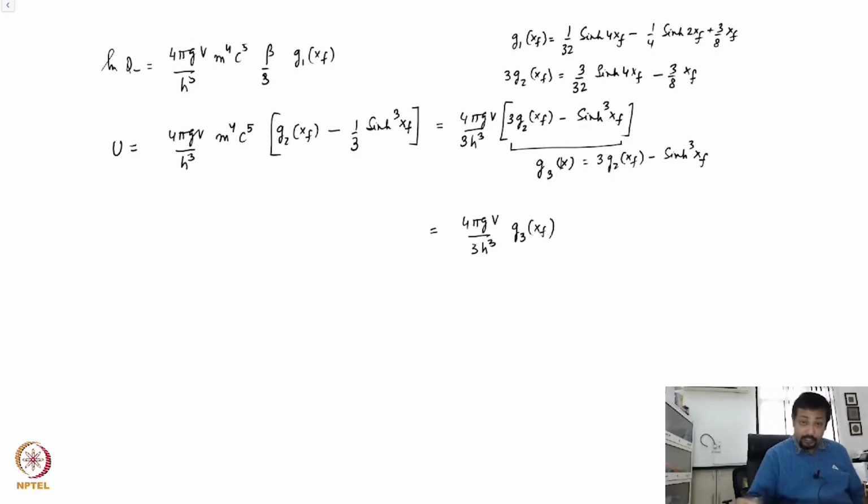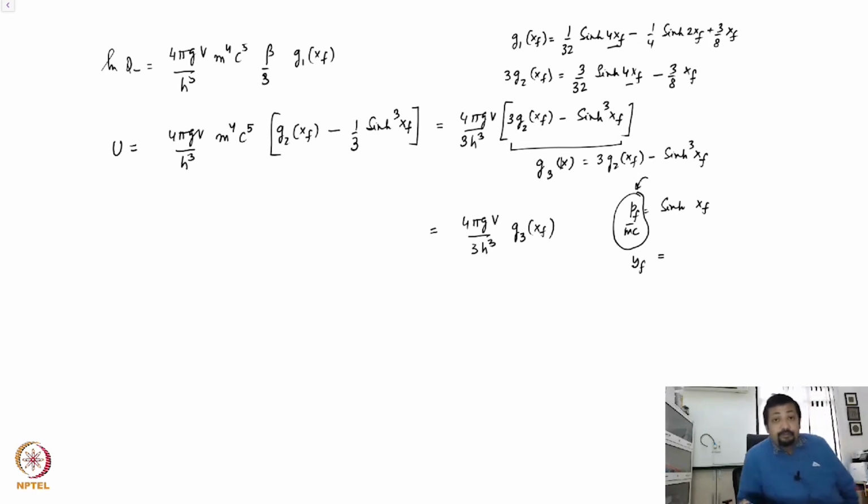A little bit more algebra is left, because what I want to do now is I know that PF is going to be sinh of this over XF. So let's call this YF. I want to express all this in terms of XF, because this is the primary variable of concern to me.